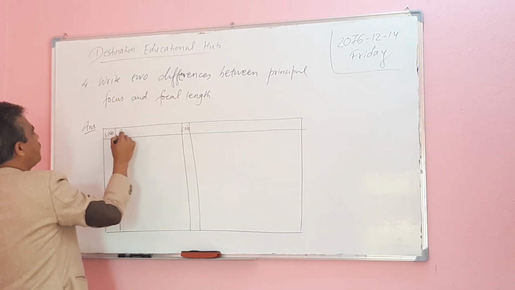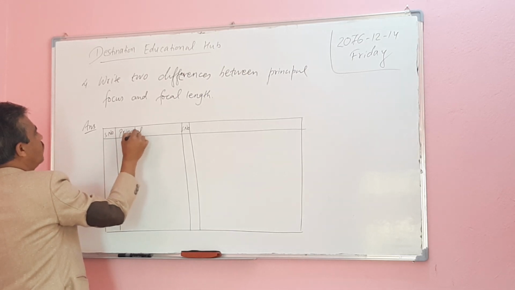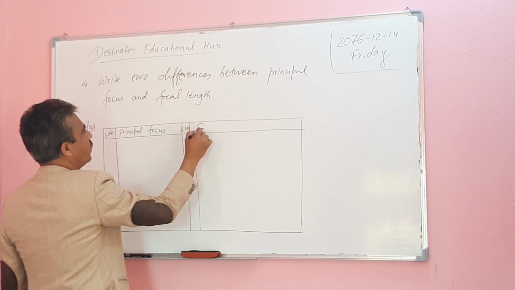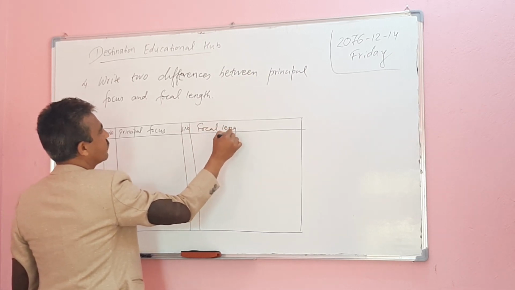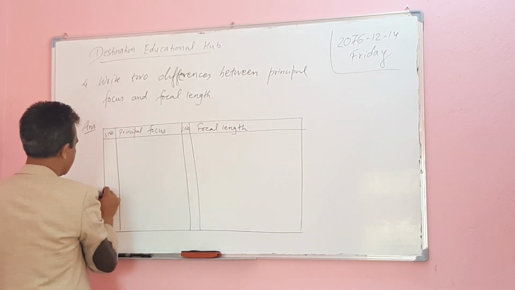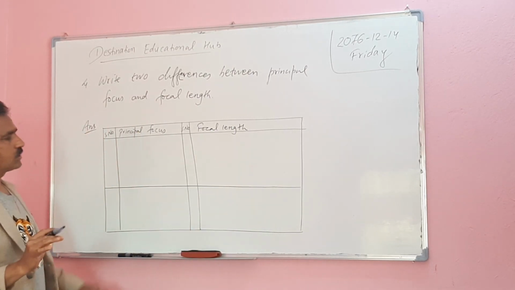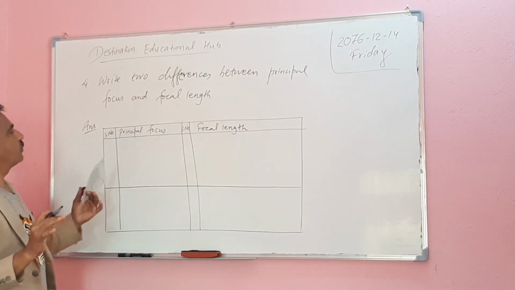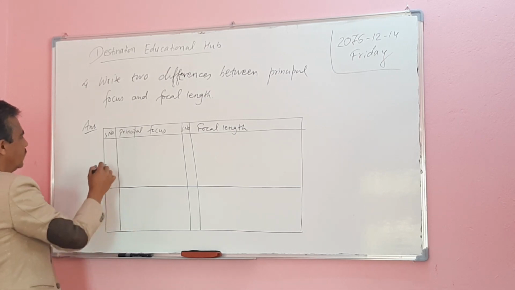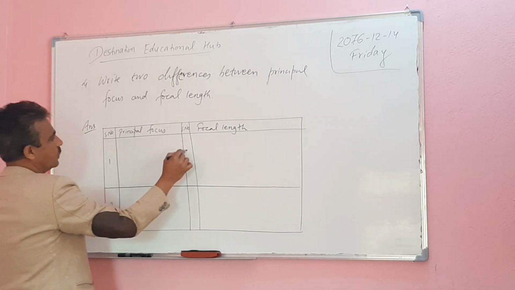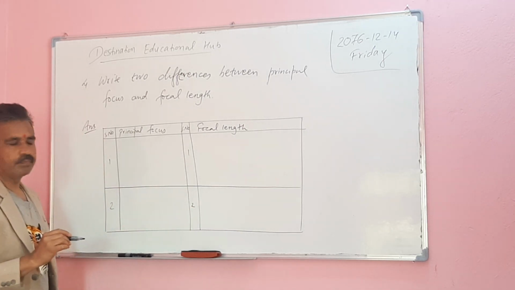Principal focus and focal length. Simply this one. Then you write point 1, point 2. First, it is of 2 marks. So 1 point, 2 points. Simple.